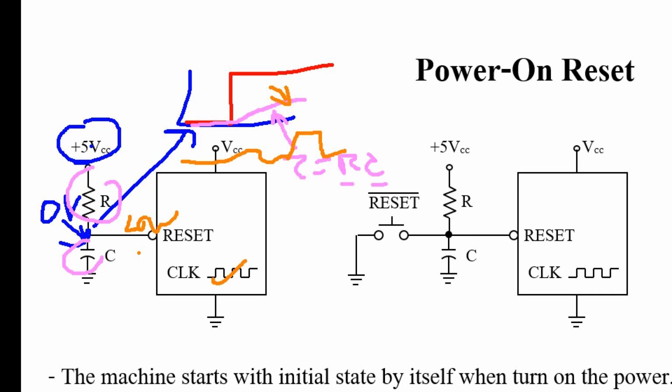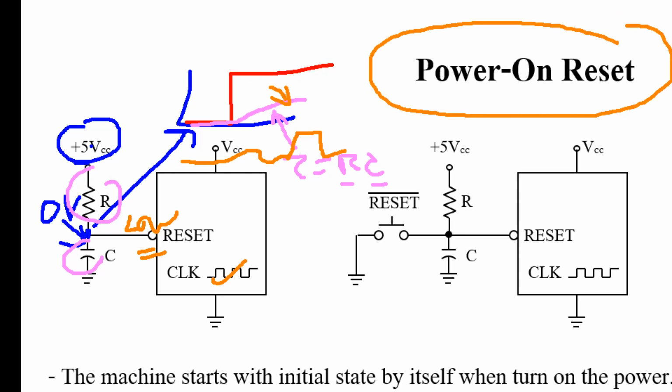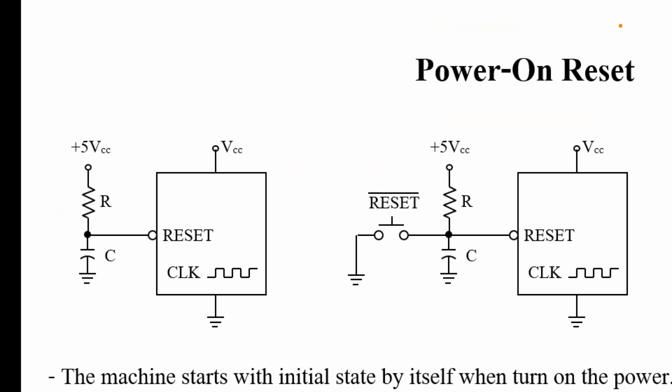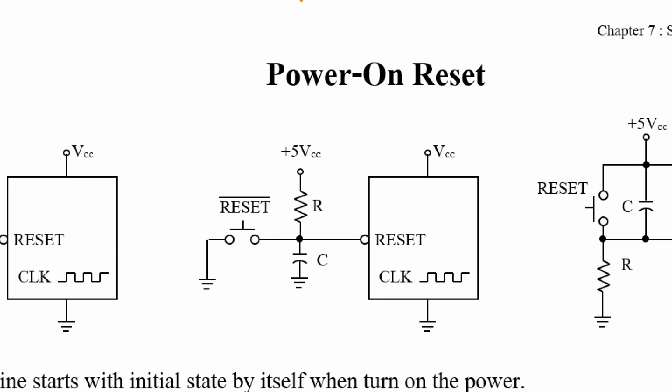That means now the circuit can reset by itself at the beginning when the power is turned on. This kind of reset is called power-on reset, automatic reset when turning on the power. And now let's consider this one.